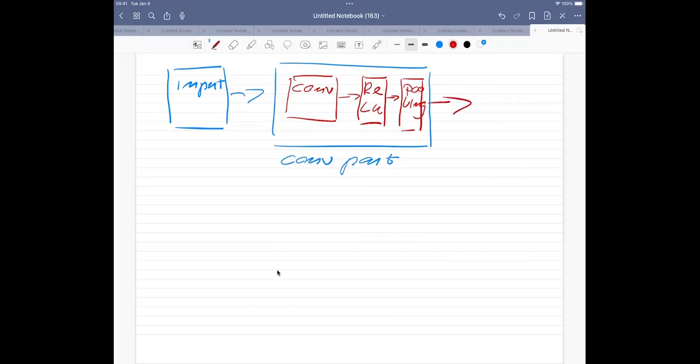Now, this feeds into the next stage, where you would flatten the data, plus run it through a standard neural network. And this neural network can be a deep neural network. And then this produces an output.